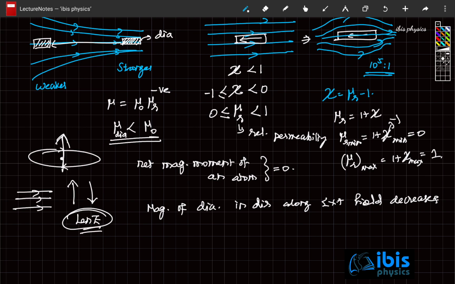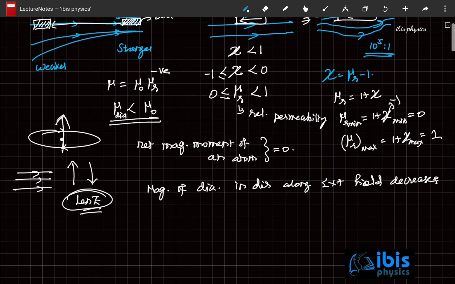That is why diamagnetic materials develop magnetization in the opposite direction.